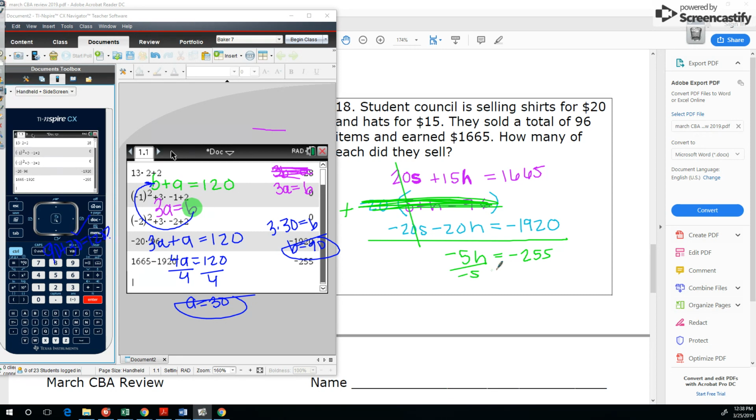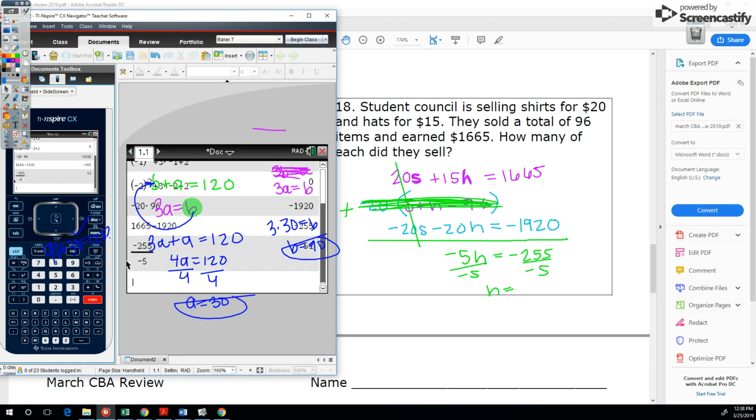And then divide by negative 5 to get my h. Divided by negative 5. Can't even read it. 51? Okay, so that says we sold 51 hats.